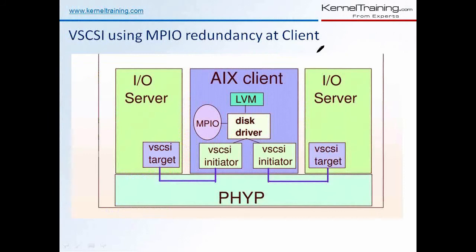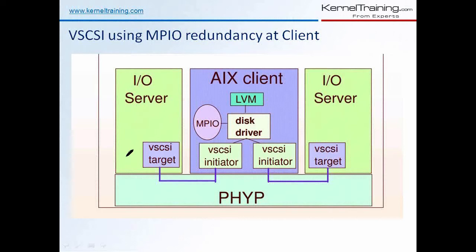So another VIO server is required. If my primary VIO server goes down and I have only one VIO server, then since it is virtualized and the disk is coming from the VIO, my AIX client will not be able to access the disk, because it is coming from a single VIO server.